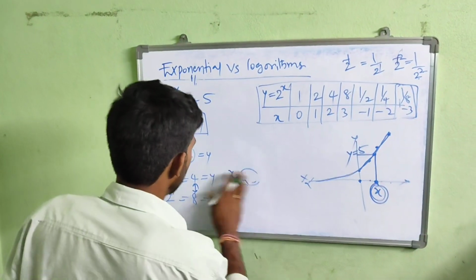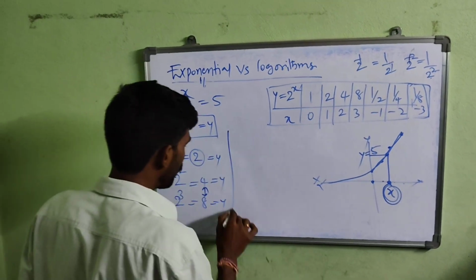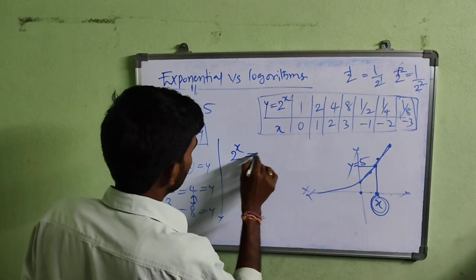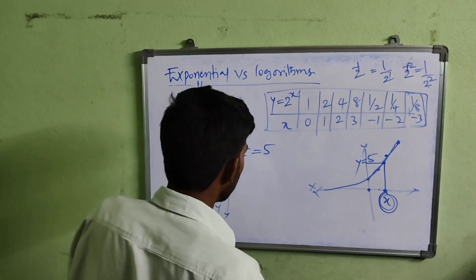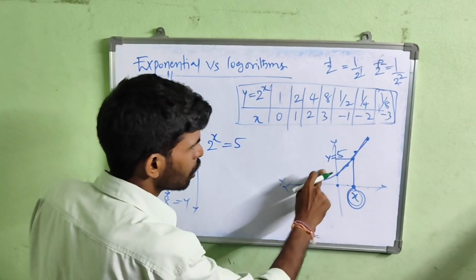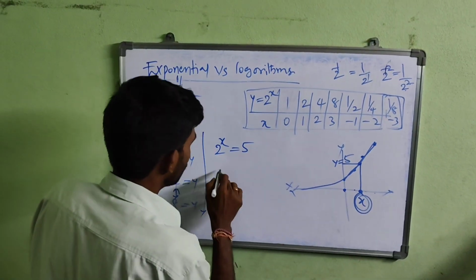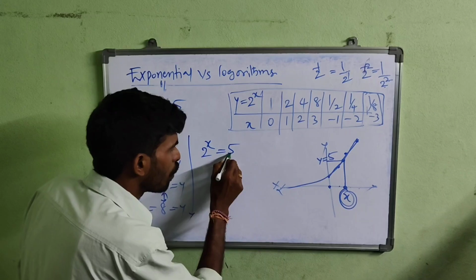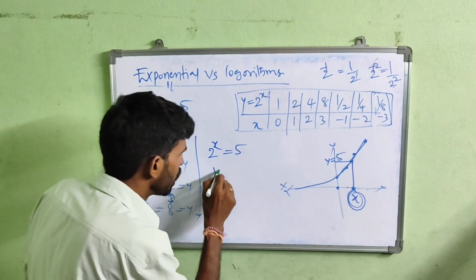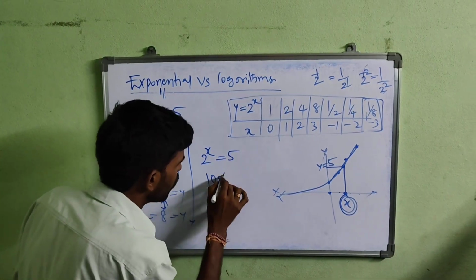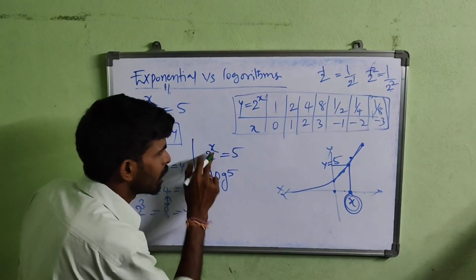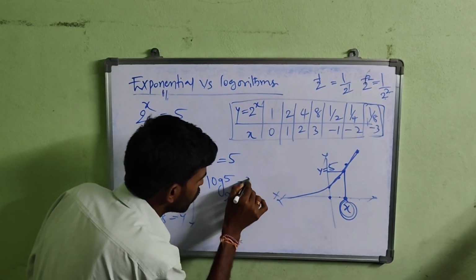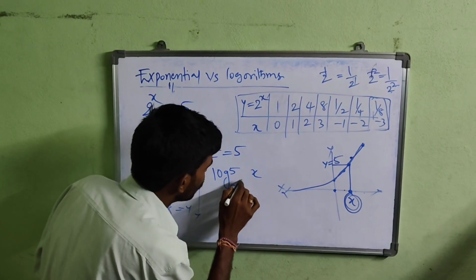How can we write this in logarithmic form? For example, 2 power x equal to 5. Listen carefully: we need to take log 5 here. 2 power x means 2 should be the power, so here let us write x. That means equal to x.